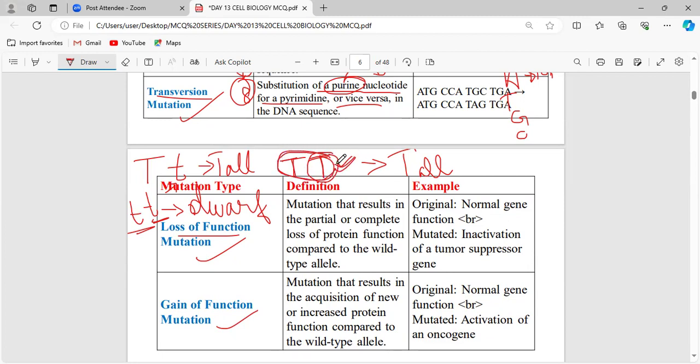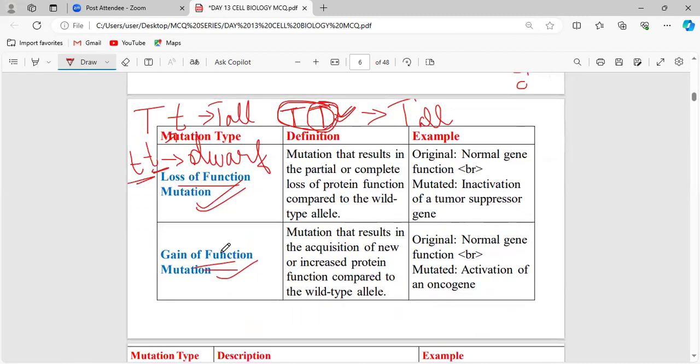Both alleles have to be mutated. Only then does the loss of function mutation happen. In the gain of function mutation, even if one allele is mutated, it results in a bigger change. In loss of function mutation, both alleles have to be mutated.